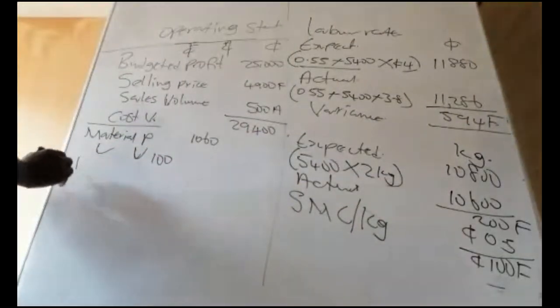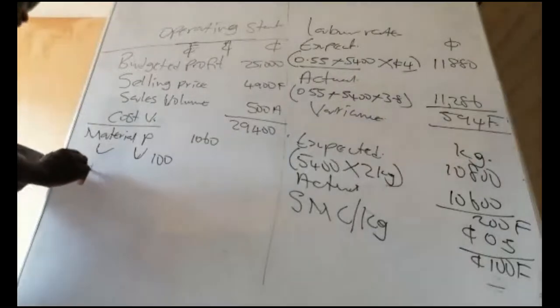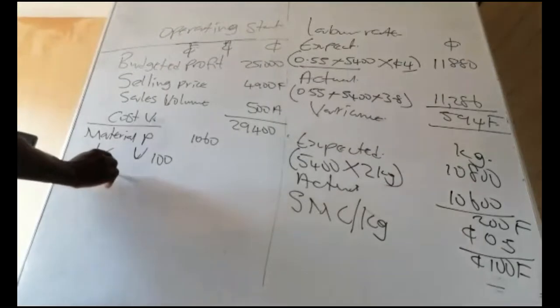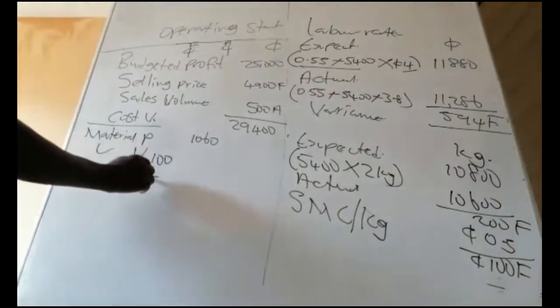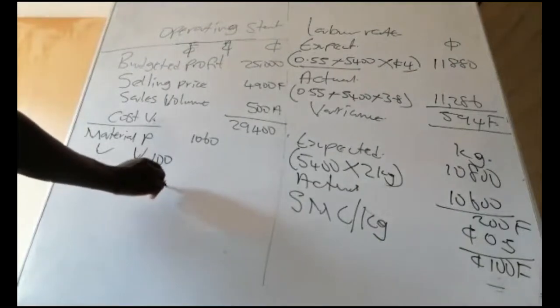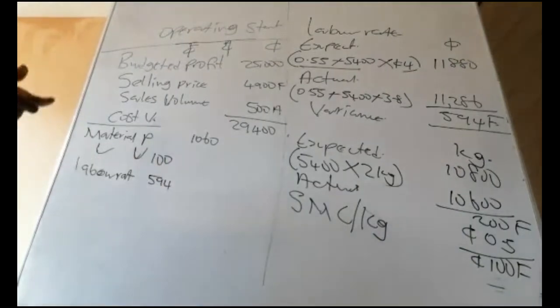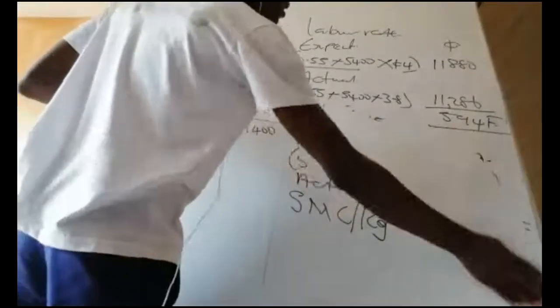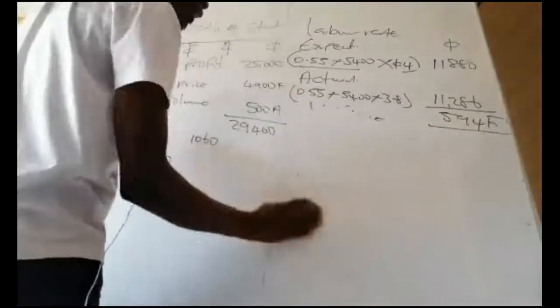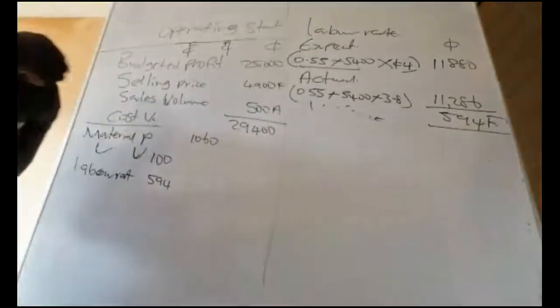So labor rate, we come to the solution: it is favorable, so it must be under the favorable column. Good. Then we go to the efficiency. For efficiency, we compare the expected hours to the actual hours.